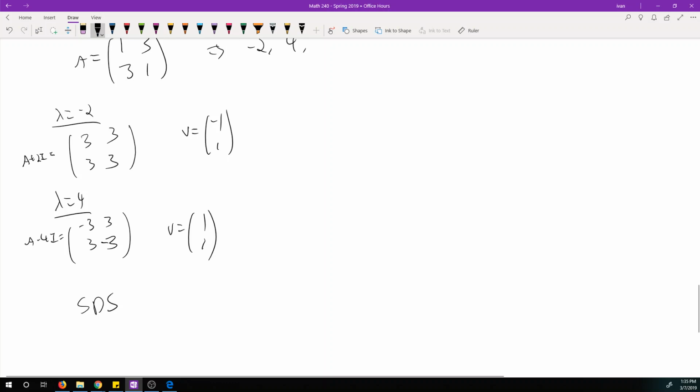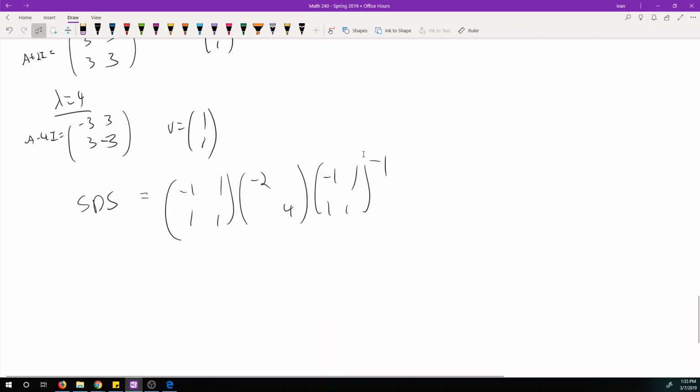You'll get something like -1, 1, 1, 1, then -2, 4 on the diagonal, and then -1, 1, 1, 1 inverse.